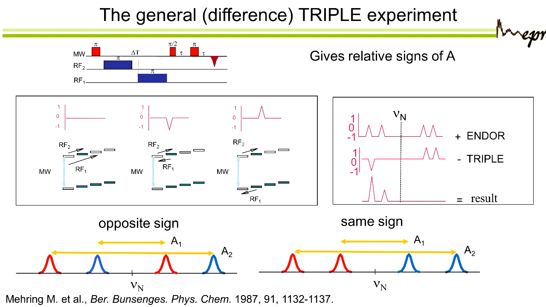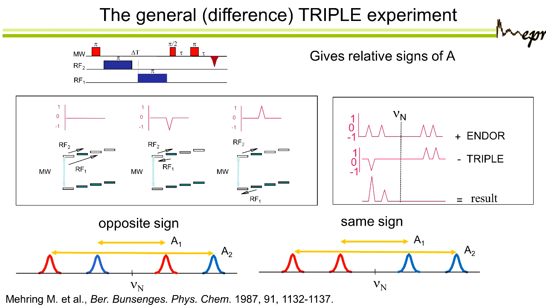Okay, so now we inverted one, and we applied with the RF2 on one of these NMR transitions. So we have no signal. Now we come with the other line, with the other RF.